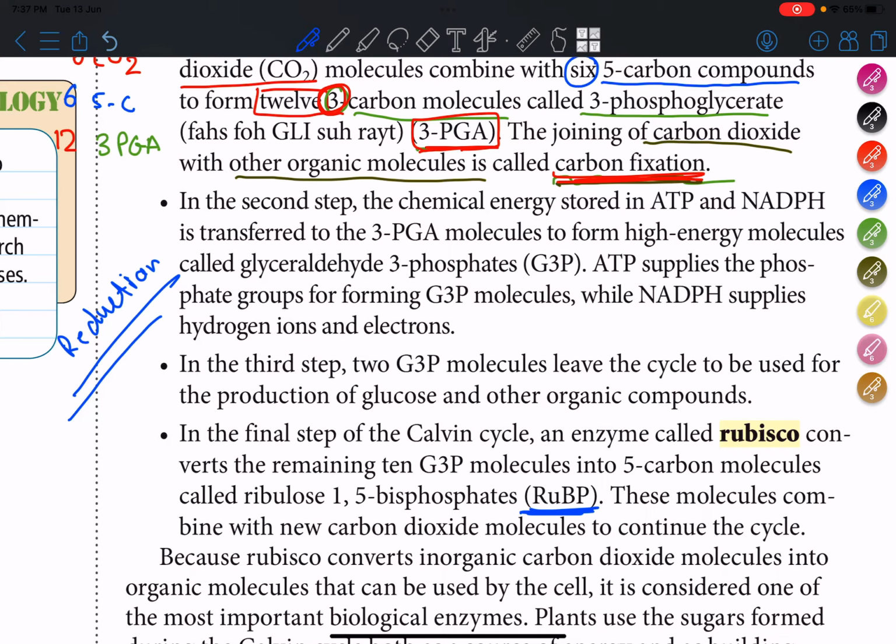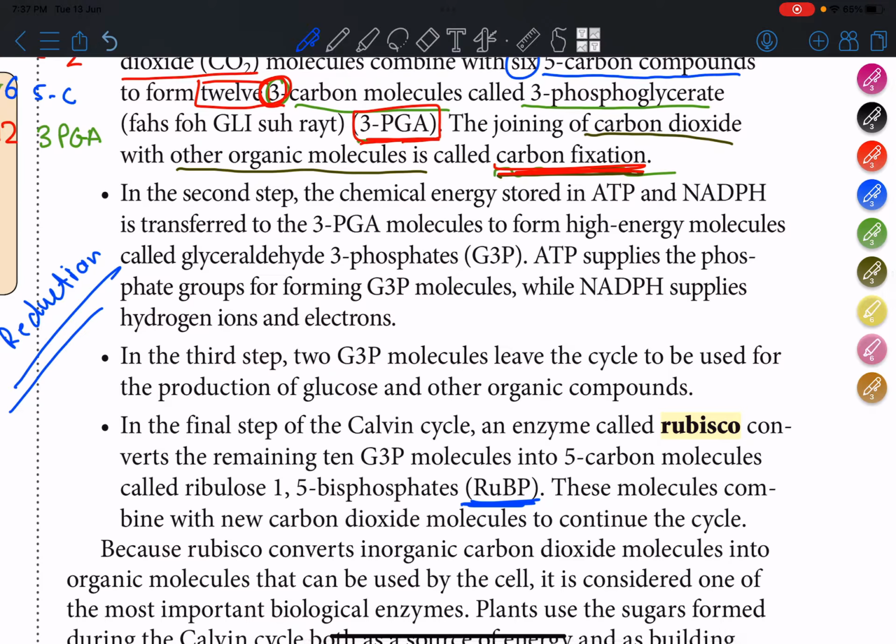Now in the second step of the Calvin cycle, called reduction, the energy stored in ATP and NADPH is transferred to the 3-phosphoglycerate. So the energy in ATP and NADPH, they transfer it to the 3PGA molecule to form high energy molecules.